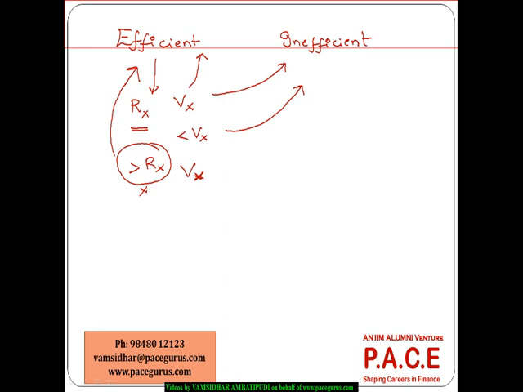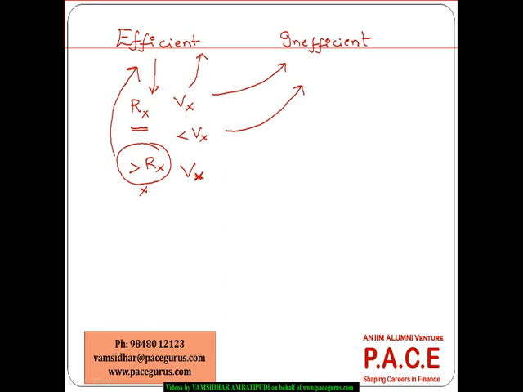In short, for a particular level of risk, if I am not able to find any other portfolio which will give me a higher expected return, or for a particular level of return, if I am not able to find a portfolio which will give me the least possible risk, lower than Vx, then I say that particular portfolio is efficient, otherwise it becomes inefficient.